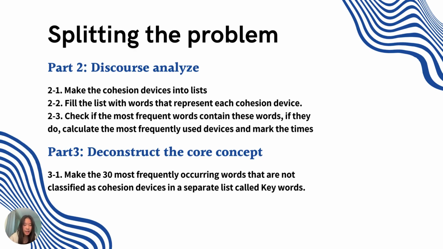And part three is deconstructing the core concept. It's simple because we have done the work before, so we only need to put the top 30 most frequently occurring words that are not classified as cohesion devices into a separate list and call it keywords, which is helpful for myself to understand the core concept.